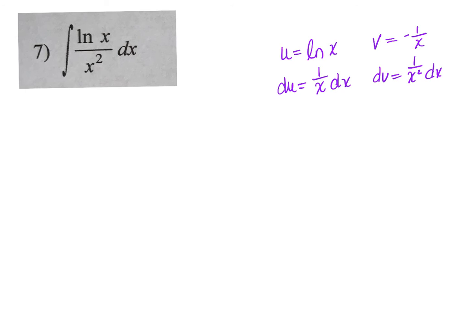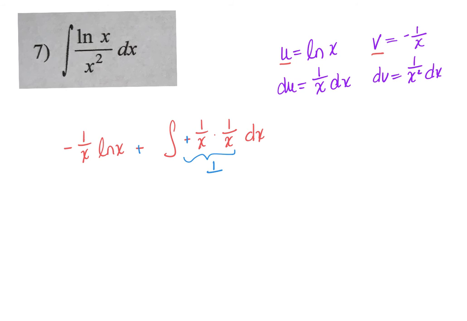So if I did my u times my v, I would have -1 over x ln of x minus the integration of my v, -1 over x, times my du, 1 over x, dx. I'm going to simplify this here. This is a minus a negative, so I can change that.